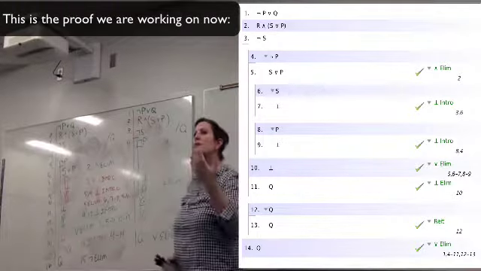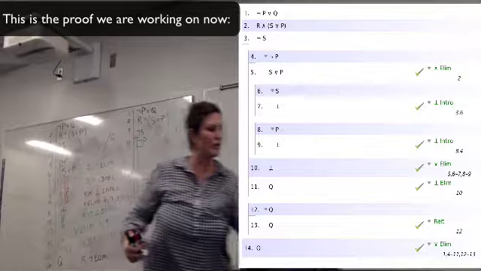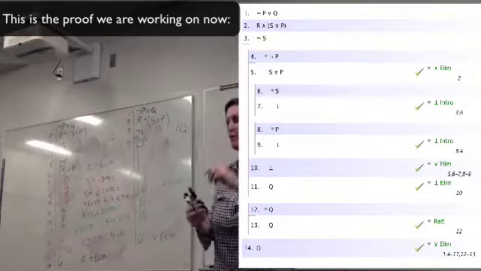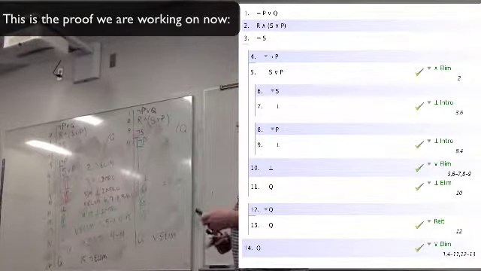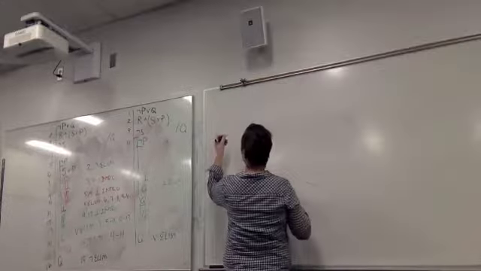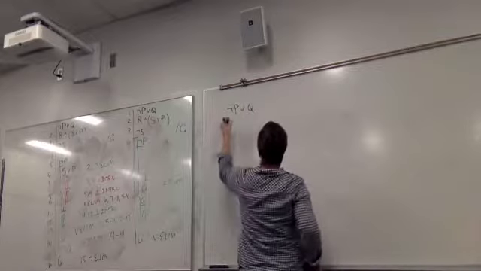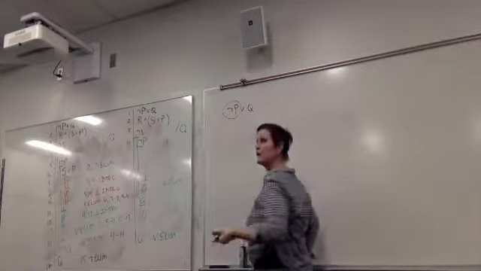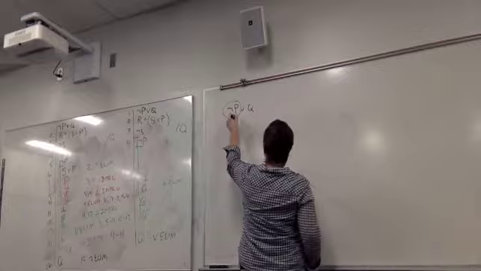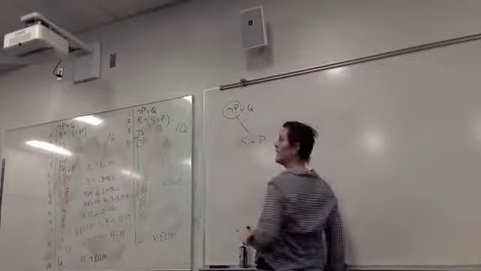Okay, so here's something you guys might consider doing. We'll do this more, but let me just throw this out as an approach. Pull stuff off to the side, right? So not P or Q, you know that you want to generate a contradiction. Well, here's a contradiction, S or P, right?